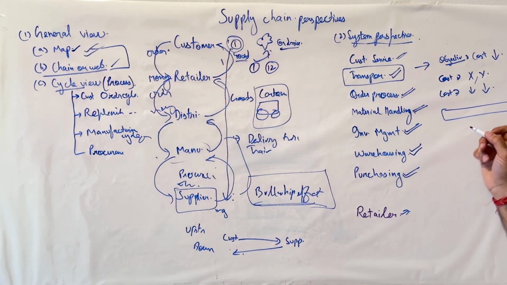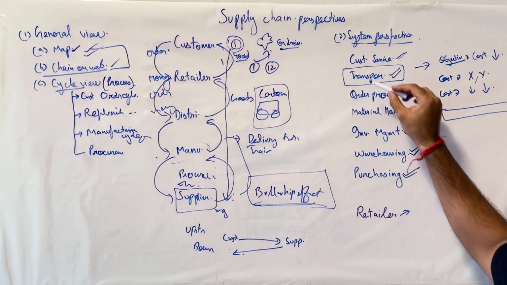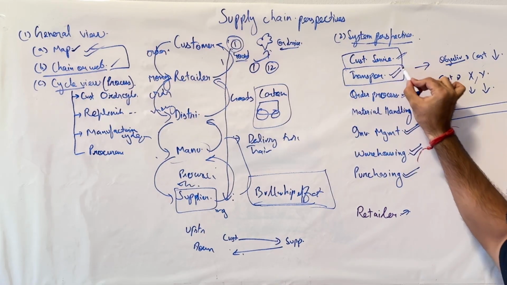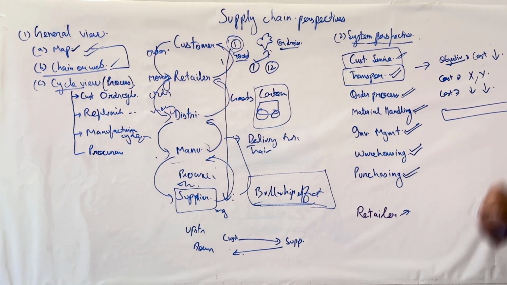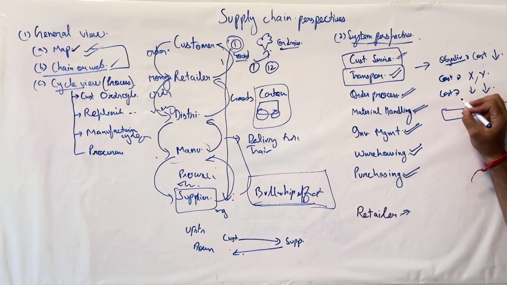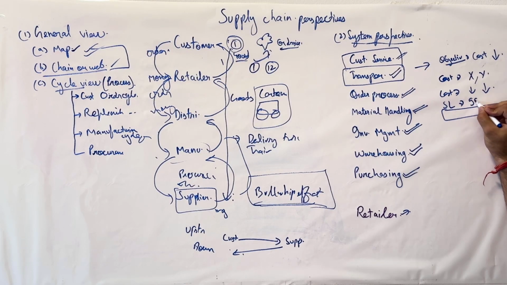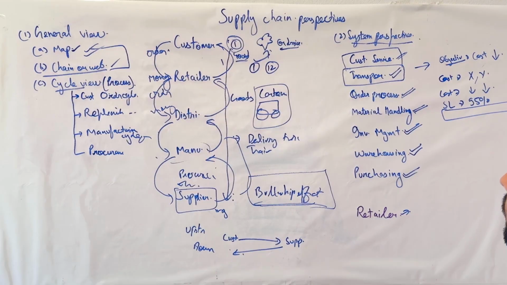Now this gets even more complicated when, let's say, we are dealing with both transportation and customer service, where the objective function is the same, but there's a constraint which means that the service level should always be 95%. Like 95% of the orders should always be on time.